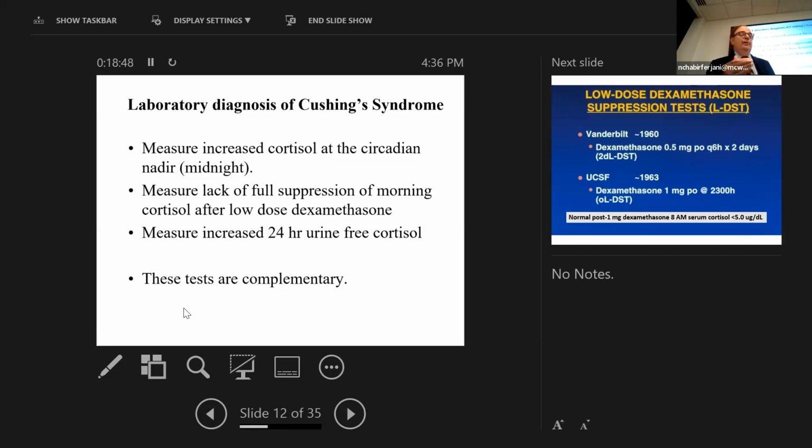They lack suppression of cortisol after dexamethasone, the low-dose dexamethasone suppression test, which we'll talk about in a minute. And they have increased urine cortisol. Of course, in the old days, we didn't have urine free cortisol. We had 17-hydroxycorticosteroids. That doesn't exist anymore. And these tests are all complementary in terms of understanding the pathophysiology of this disorder.